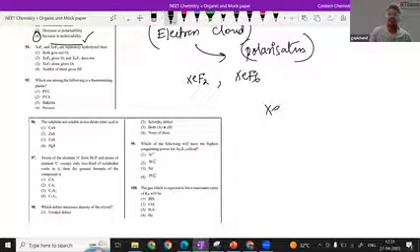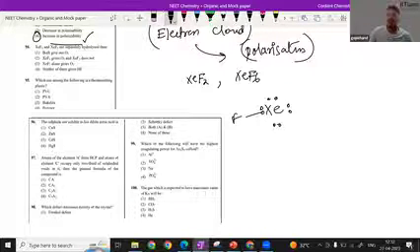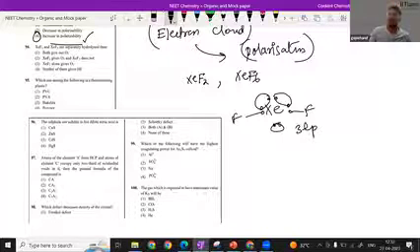If you see xenon, how many valence electrons will be there? Yes, 8 valence electrons. In that, if two fluorines have already bonded, now how many lone pairs? One, two, three. Three lone pairs are present: three lone pairs plus two bond pairs.